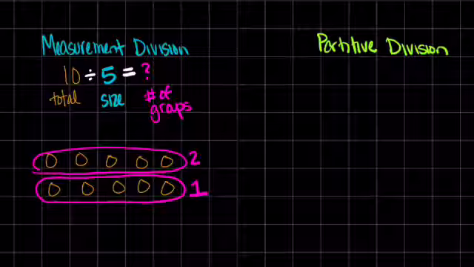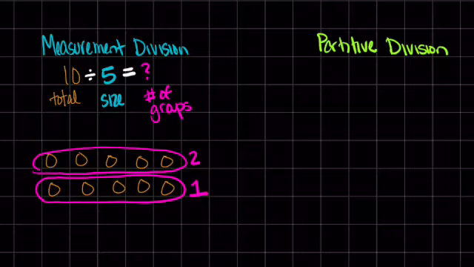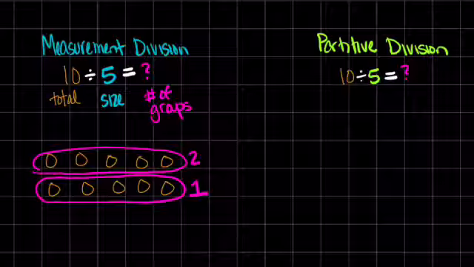Okay, for partitive division, we're going to do the same problem. 10 divided by 5 equals something. Okay, again, the 10 is going to tell me my total.